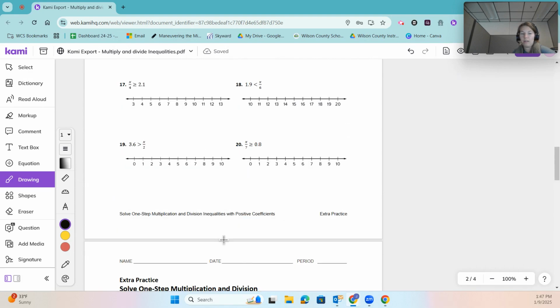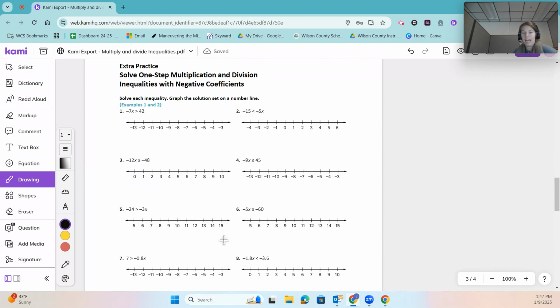Now I have negative coefficients. Negative 7x is greater than 42. Here I divide by negative 7, so this is a circumstance where I would flip my inequality.